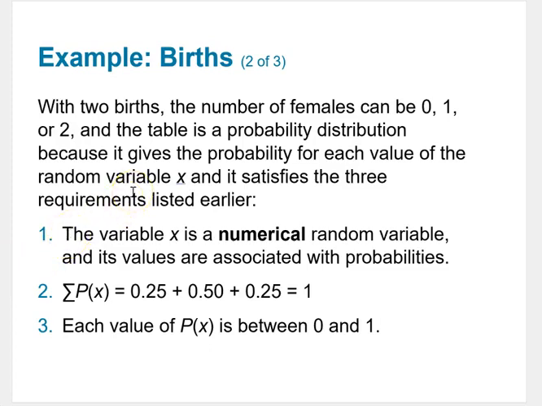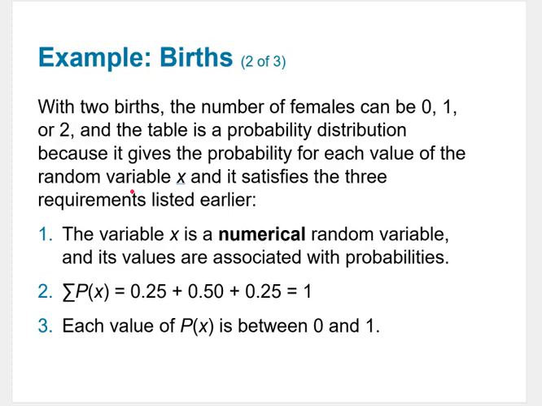All right, so we're going to walk through the 3 terms. The first condition was that all of our X's had to be numerical, which they were: 0, 1, and 2. The next condition was that all of the probabilities had to add up to 1, and that was 25% for 0 females, 50% for 1 female, 25% for 2 females. So add those up, and they added up to 1.